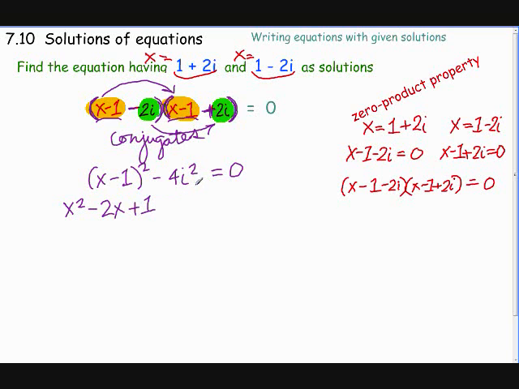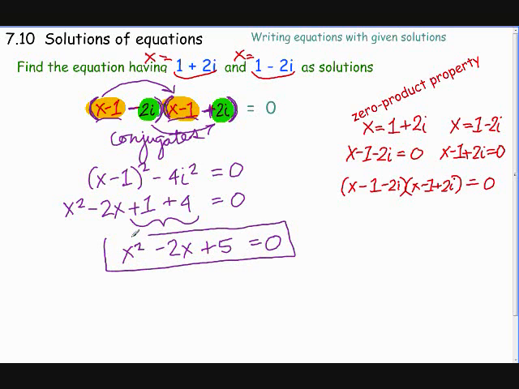I squared is equal to a negative 1. Negative 1 times a negative 4, I'm actually going to have a positive 4 here. These are like terms, so I should combine them, giving me x squared minus 2x plus 5 equals 0.